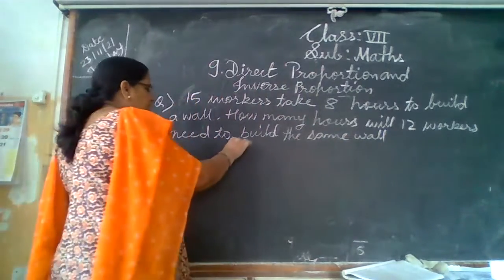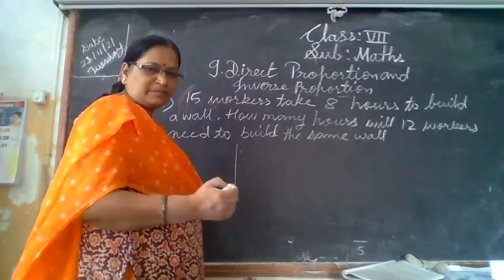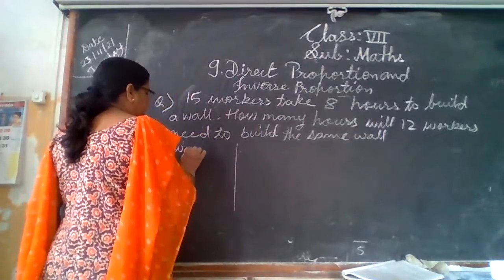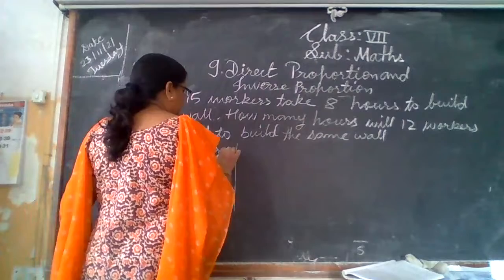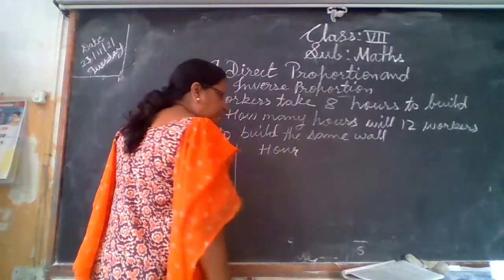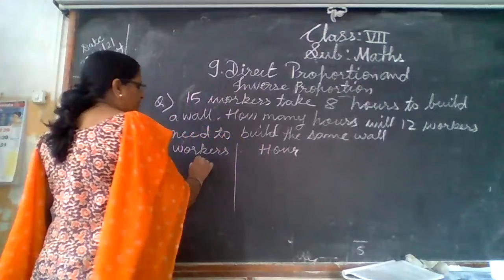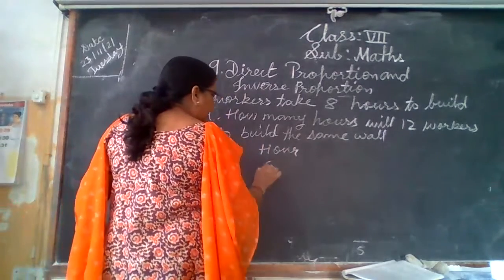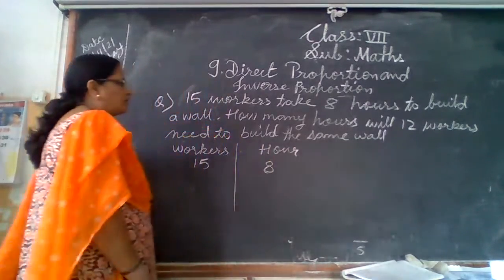See, here we will make the table like in direct proportion. Workers and hours. When 15 workers are there, they need 8 hours to work.